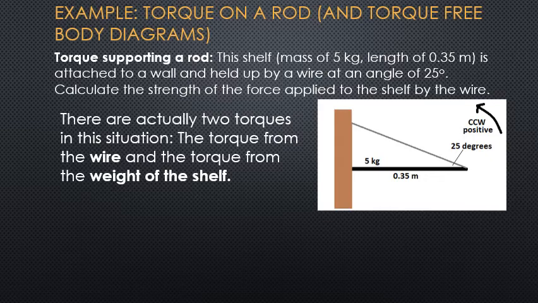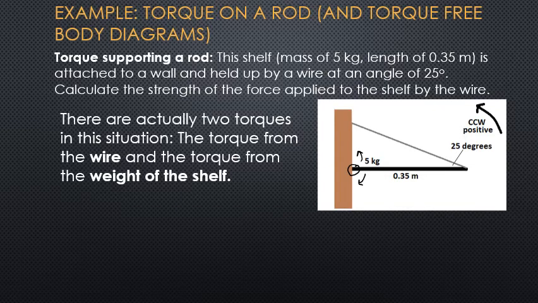So there's the torque from the wire going up in the counterclockwise direction, and then the weight of the shelf itself, right? The force of gravity is pulling down on the shelf in an attempt to spin the shelf in the clockwise direction, right? So the weight of the shelf itself, the force of gravity, creates some torque as well, right? So if we think about it in terms of the pivot point here, gravity is trying to spin the shelf this way, and the wire is resisting gravity by holding it up this way.